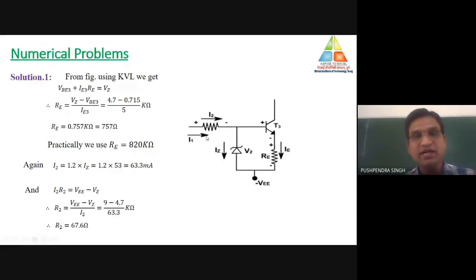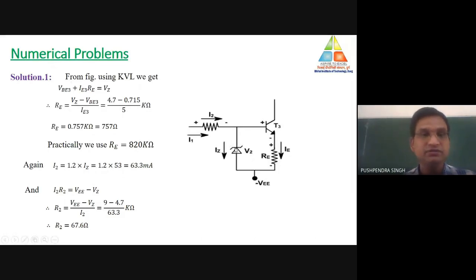Now, what is the drop across this resistance R2? I2 into R2 is nothing but V minus Vz. Why? Because this particular path is grounded, and when it is grounded, this terminal is also grounded. That means both the terminals are in parallel to each other, and in a parallel circuit, the voltage would be the same. So whatever the voltage across this resistance R2 is, it will be the total voltage in this particular path, which is the negative supply voltage plus the drop across this Zener diode.